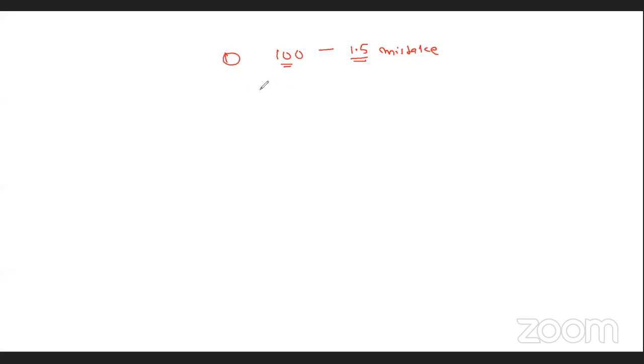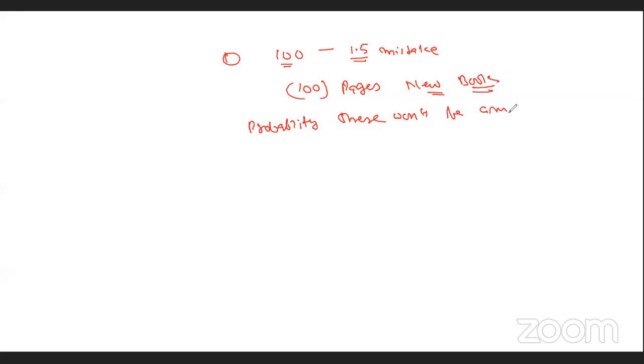Now, if a person is going to select 100 pages from a new book, what is the probability that there won't be any mistake?